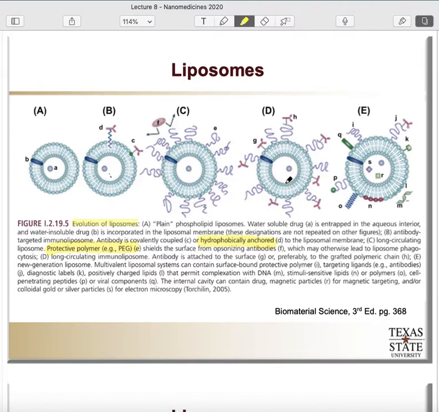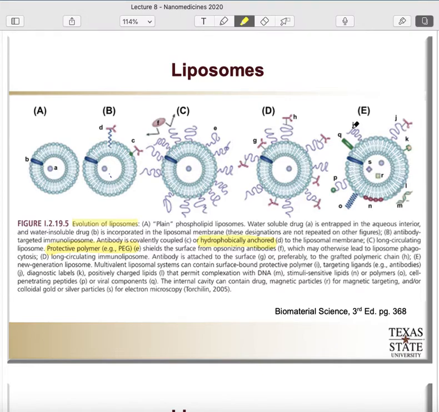From there, the next generation are still long circulating liposomes, but now they are also functionalized with targeting agents such as antibodies in order to enable specific interaction with particular receptors or biomolecules that are present at the disease site. And finally, the last generation are multifunctional liposomes that incorporate a number of different things. For example, we can incorporate drugs, imaging agents, and magnetic particles for magnetic targeting. We can incorporate gold or silver particles for either electron microscopy or to provide temperature control.